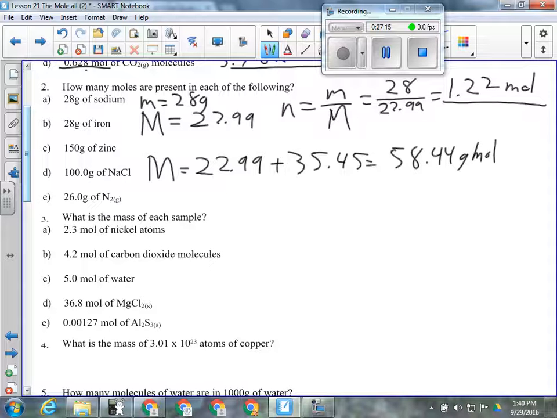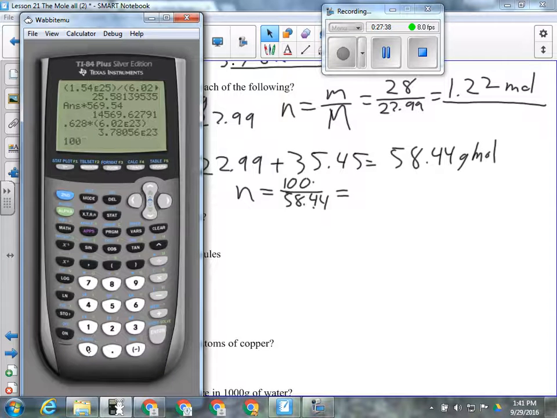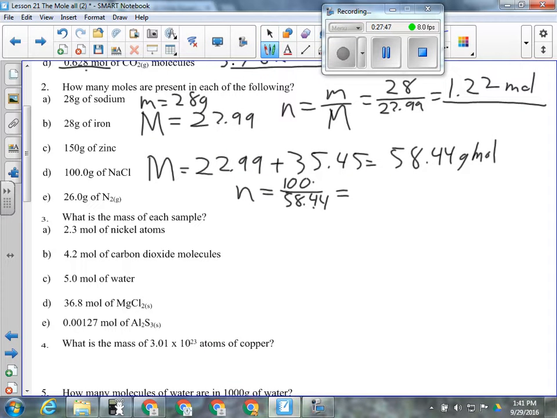I have little m now because they gave it to me, and I calculated big M. Can I find N? N is going to be 100 grams divided by 58.44, little m over big M. All right, so 1.71. 1.71 what? Moles. Okay, everybody follow what I did there?